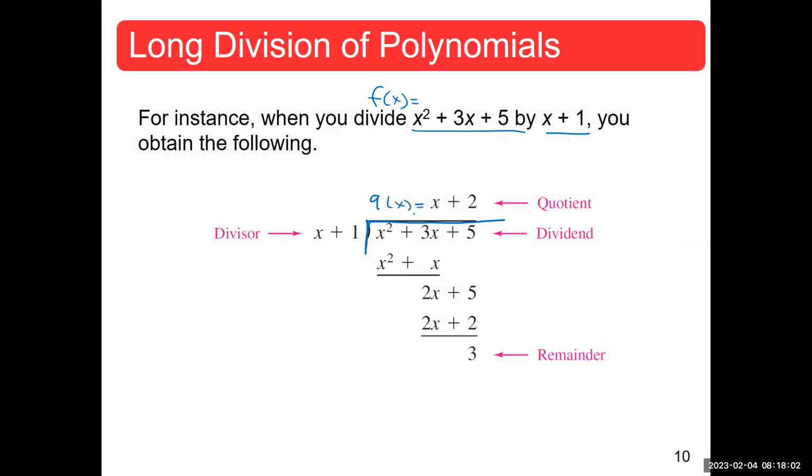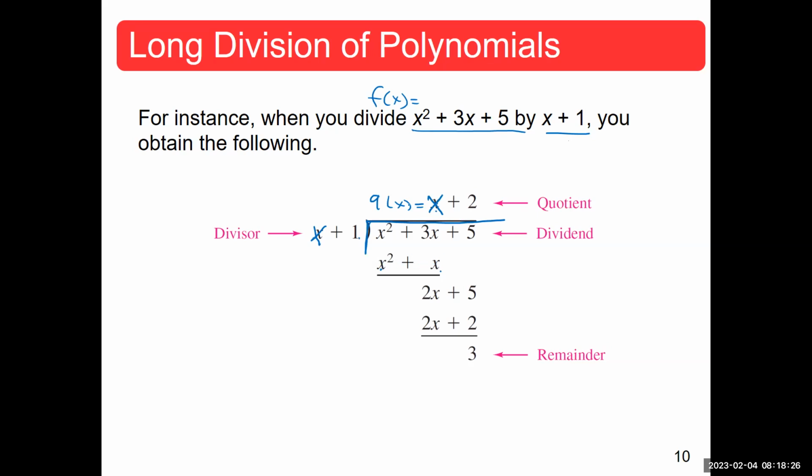Now, what we're going to do, we have to think, I need to multiply this x by something to get x squared. Well, that's only x, so I put x in here. So x times x is x squared. x times 1 is x. So again, where does this x squared plus x come from?